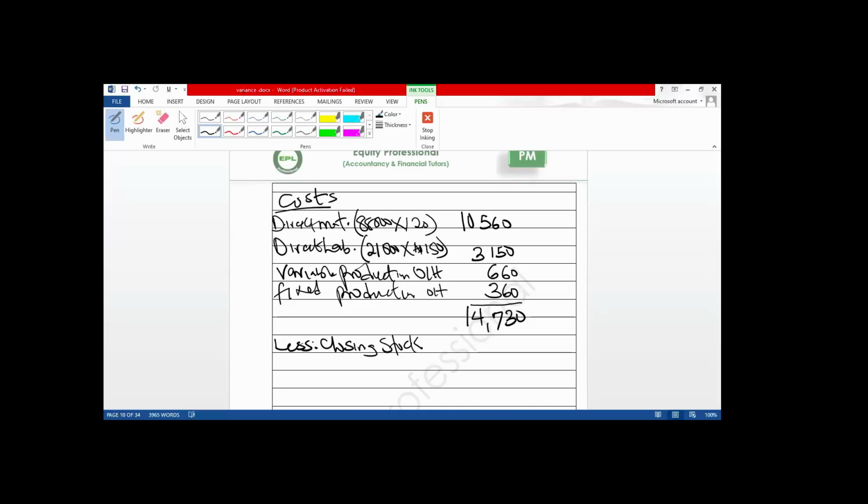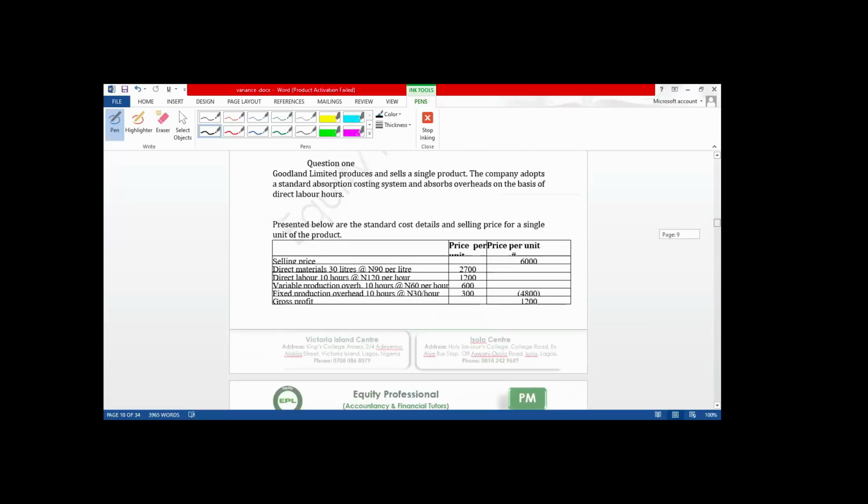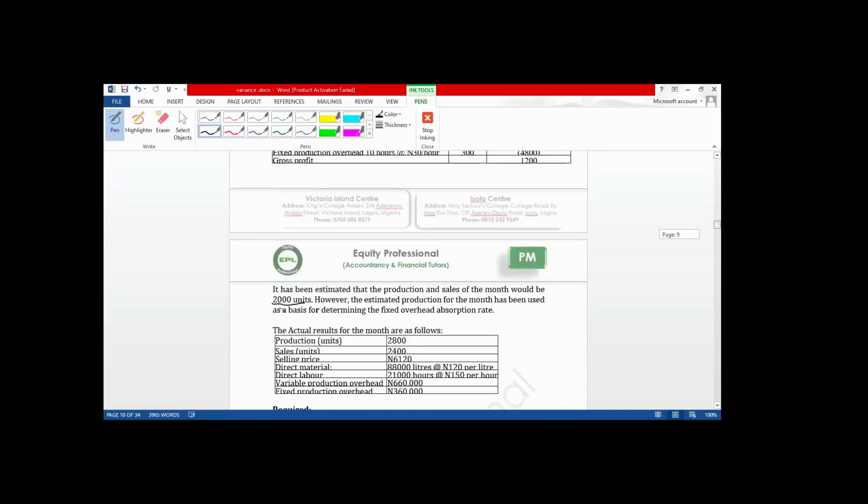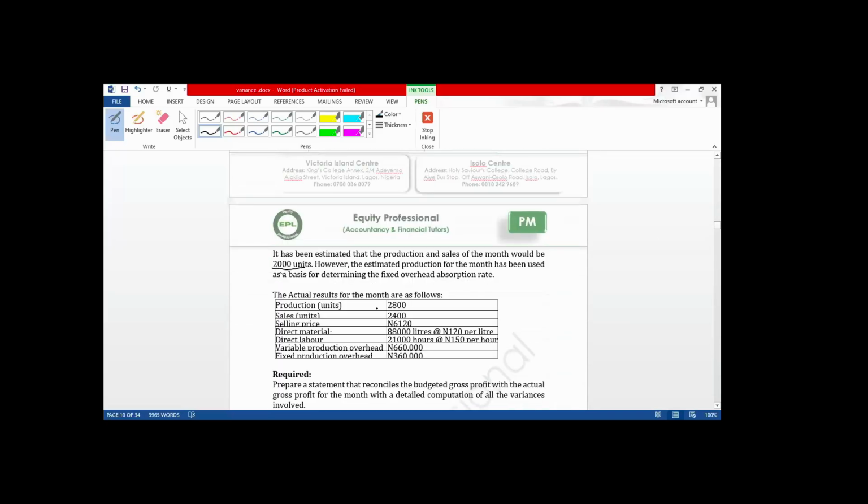Check the question. Examiner will not tell you, you are the one that will check. Actual production, 2,800. Actual sales, 2,400. That means you have closing stock of 400 units.